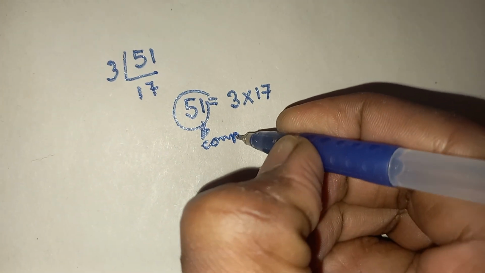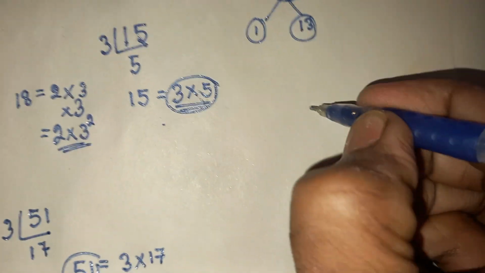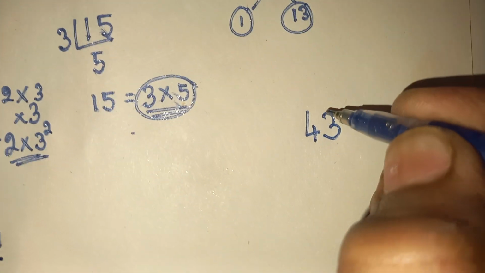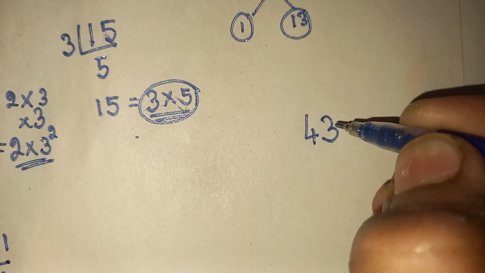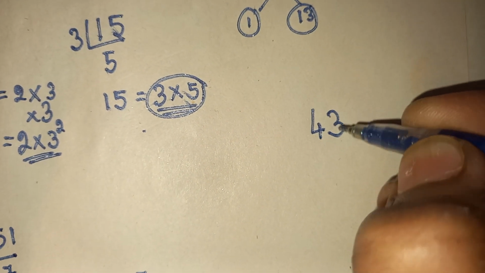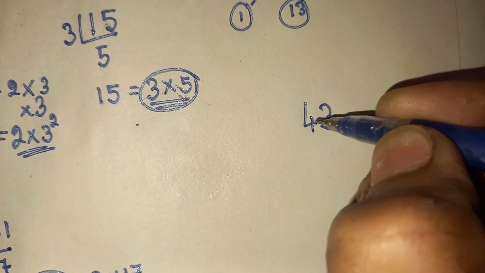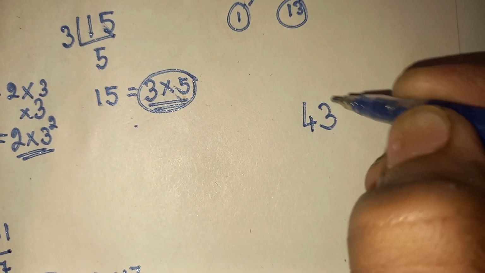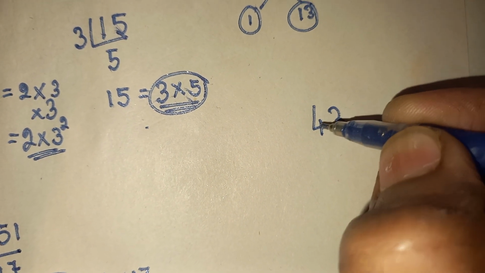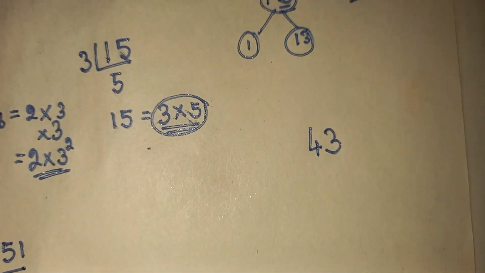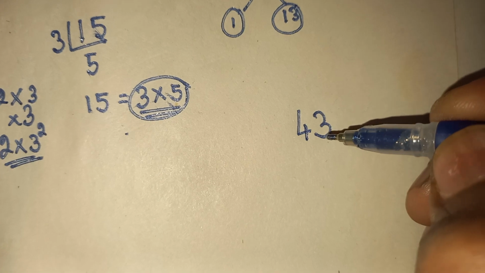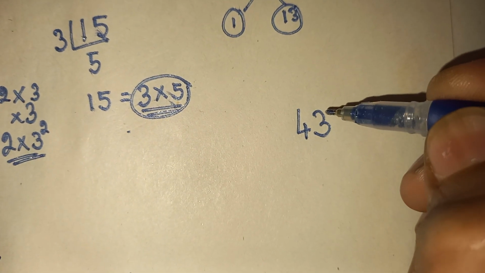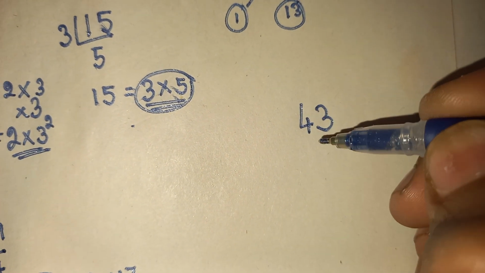Now let's take another number, which is 43. Now you can start dividing this 43. It is not divisible by 2 or by 3. 3 times 4 is 12, so 3 times 14 is 42. No. To be divisible by 5, the last digit must be 0 or 5, so it must be 40 or 45. Let's try 7. 7 times 6 is 42 and 7 times 7 is 49, so not divisible by 7.